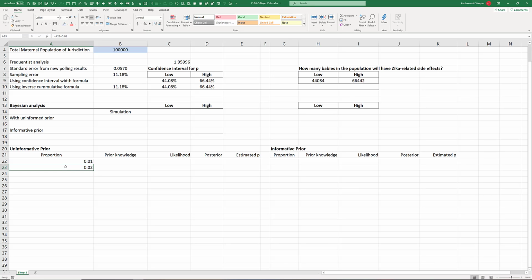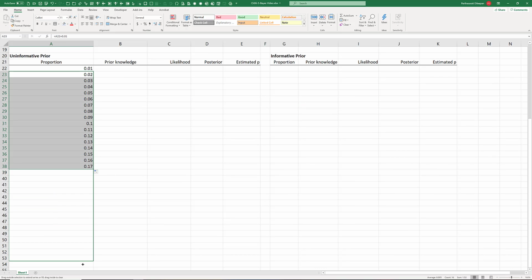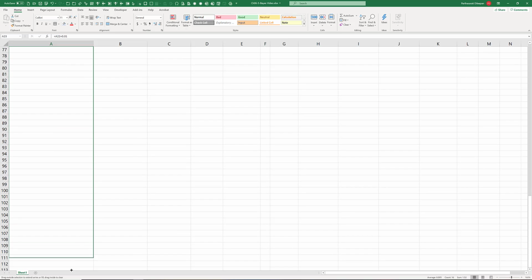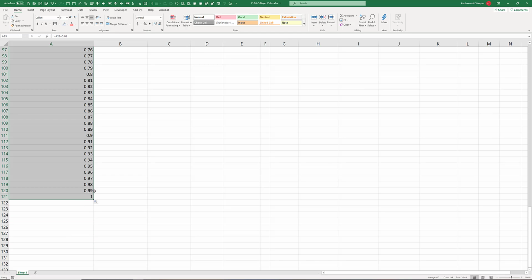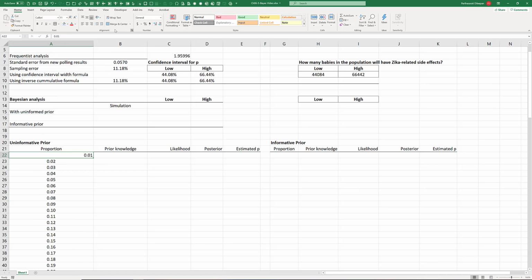Then we will copy that formula until we get to one. All right, so these are the prior probabilities.